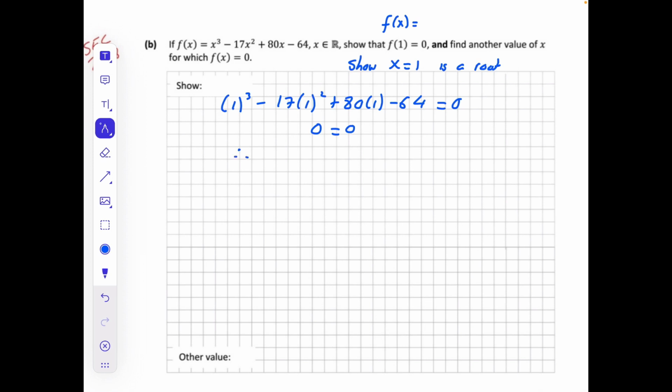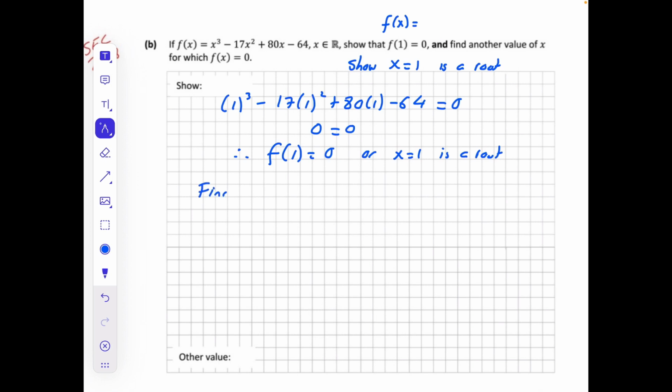So I get out 0. Then just put a bit of a conclusion, to show that part done. We can say that f of 1 is equal to 0, or you can also just write x equal to 1 is a root.